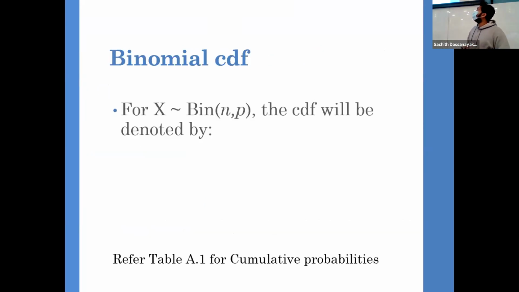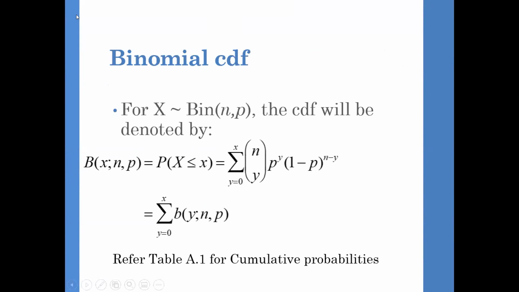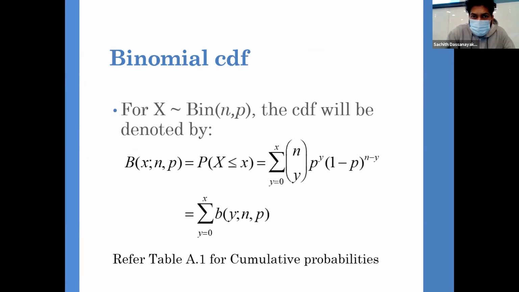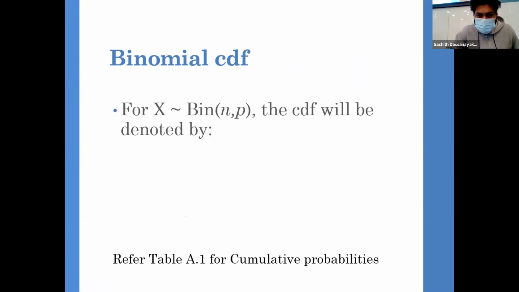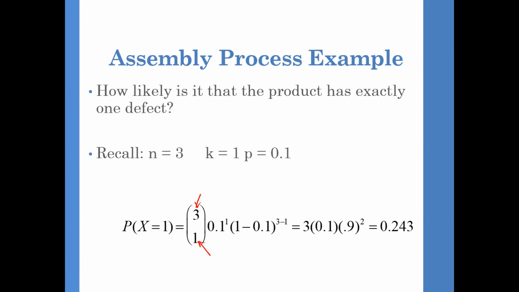Now let's check the CDF. What's going on with the binomial CDF? Cumulative distribution function. Can you please go to the previous slide? So what is the relation between x and n?